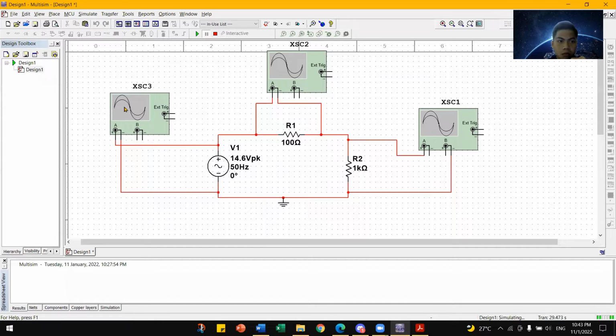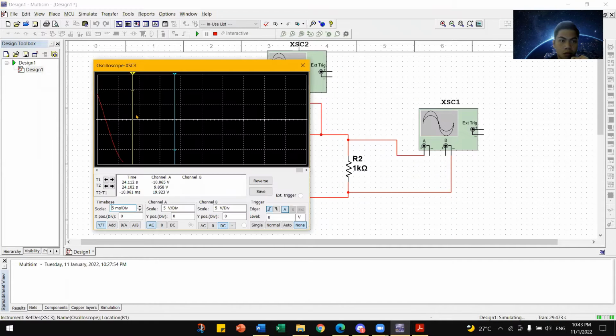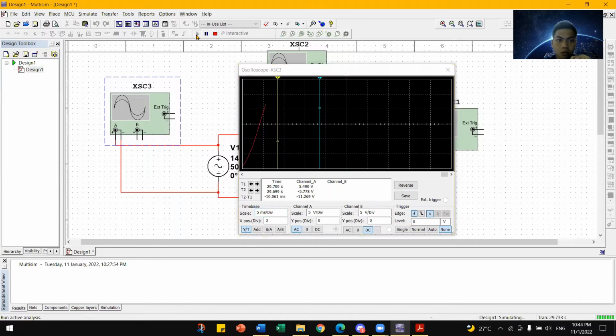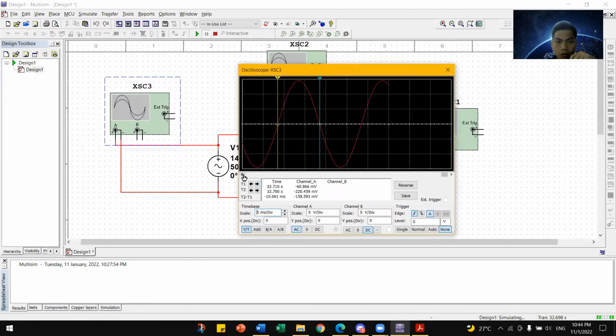So in order to get the result for the oscilloscope, we need to run the simulation and then stop at any time.